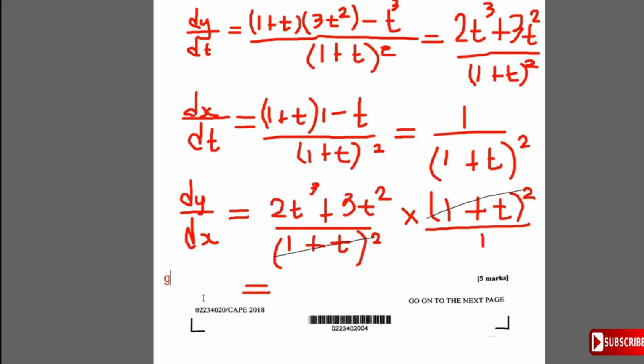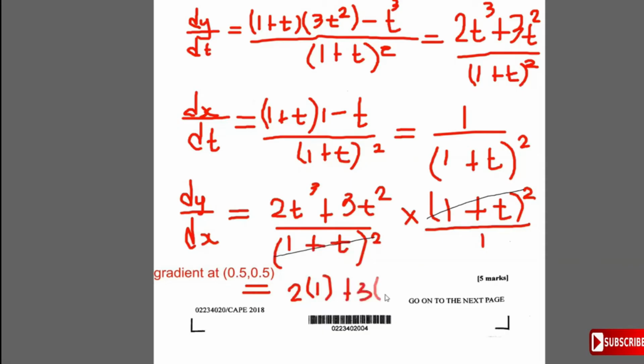So the gradient at the point a half is equal to, plugging in t equal 1, 2 times 1 cubed, which is 2 times 1, plus 3 times 1 squared, which is plus 3 times 1.